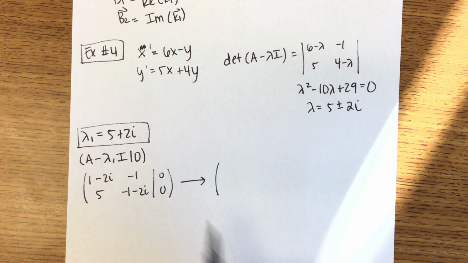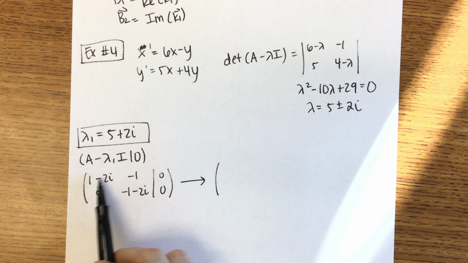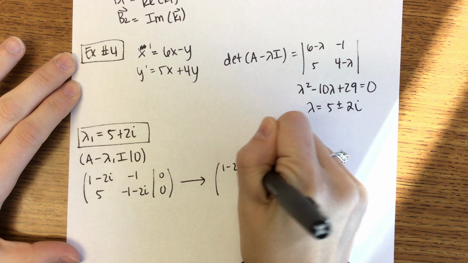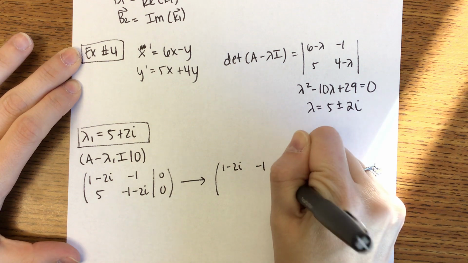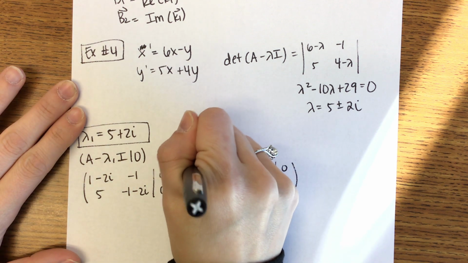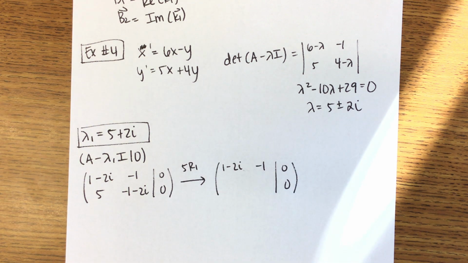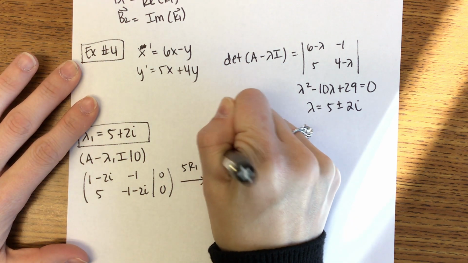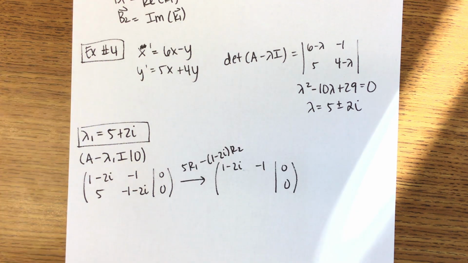I'm not going to be concerned about getting a 1 here. I don't really need a 1 here, so I'm going to leave the top row exactly how it looks. What I am going to do is take 5 times the first row. I'm going to multiply the second row by 1 minus 2i, and then I'm going to subtract them.